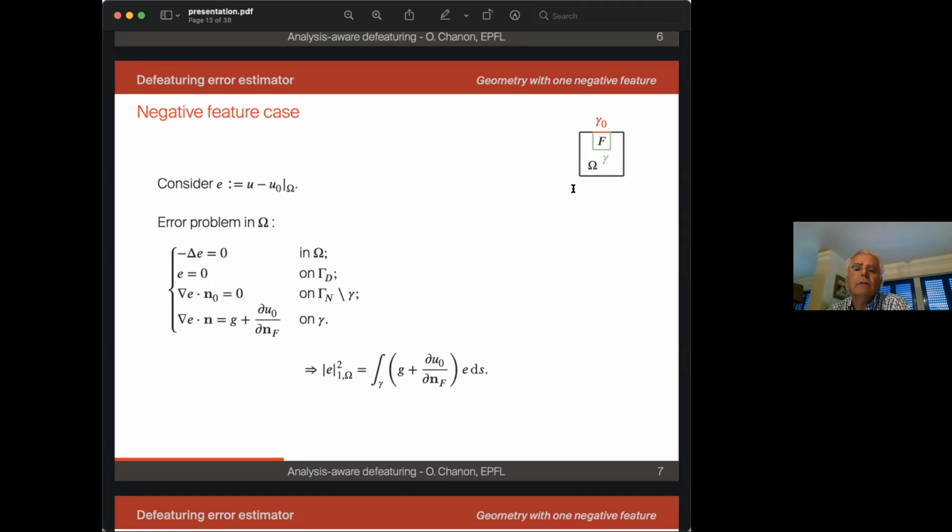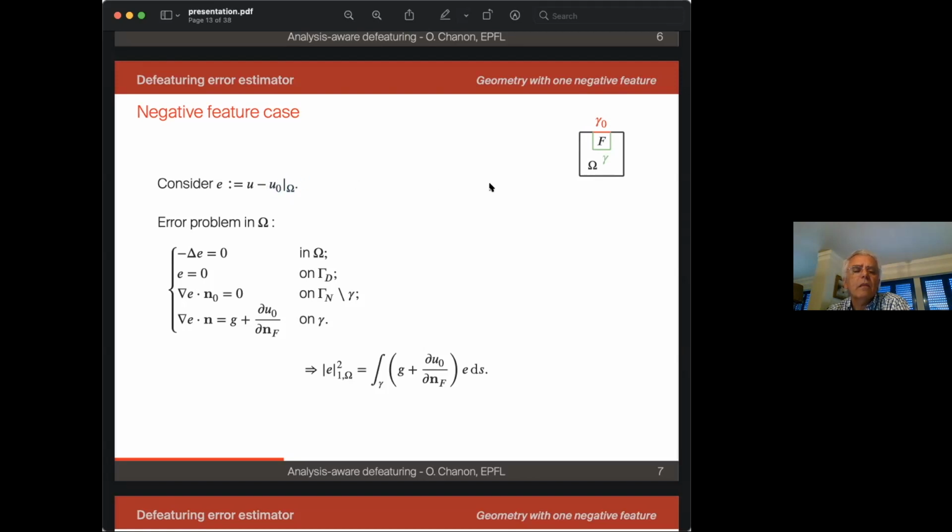In this case, we consider the Laplace equation with Dirichlet and Neumann boundary conditions, but in the feature we impose Neumann boundary conditions. So we can write the problem that is verified by U, which is the actual problem that we're interested in. And then we can write the problem that is verified by the restriction of the defeatured solution to the exact geometry.